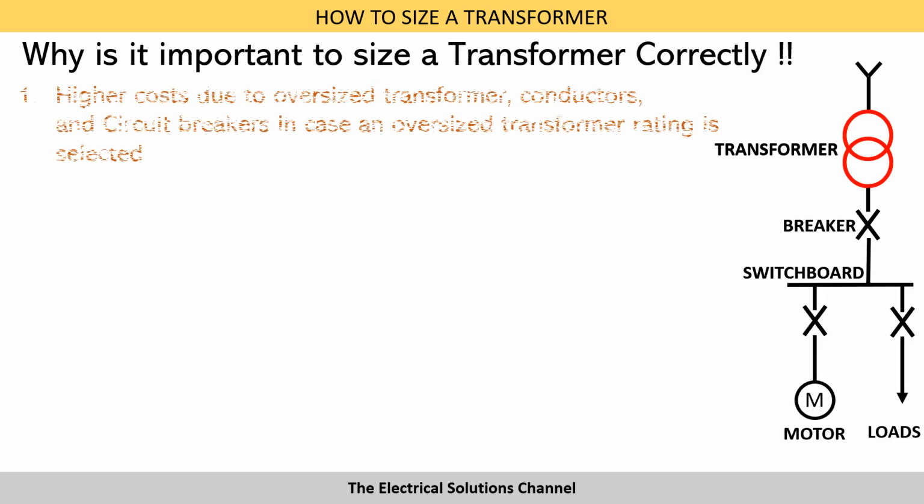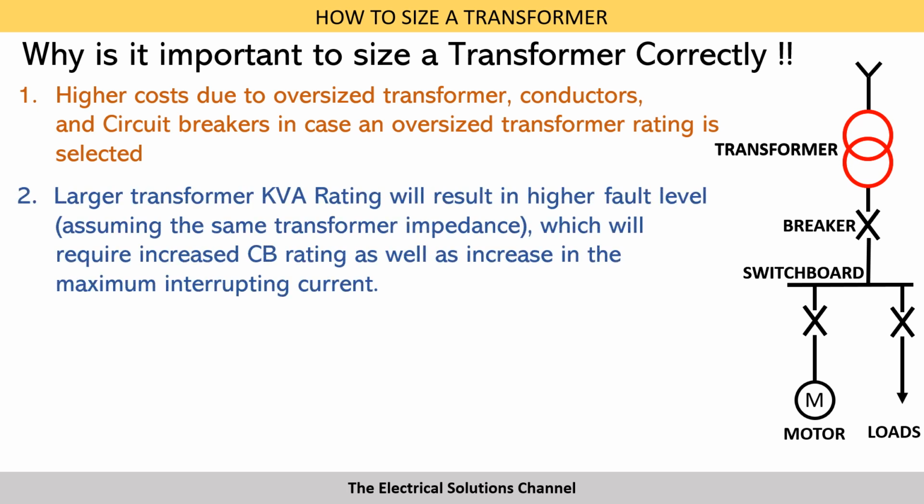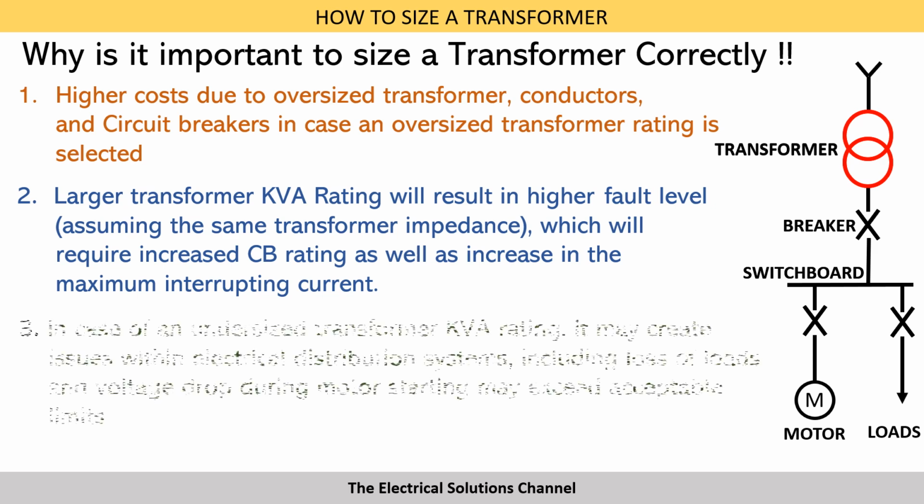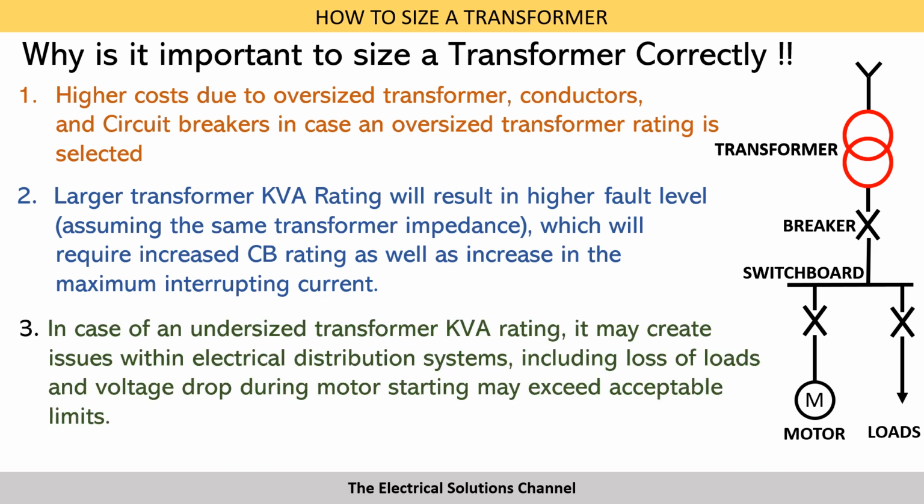Okay, so why is it important to size a transformer correctly? Well, it will lead to higher cost due to an oversized transformer, conductors and circuit breakers in case an oversized transformer rating is selected. Also, a large transformer rating will result in a higher fault level, assuming the same transformer impedance, which will require increased circuit breaker rating as well as an increase in the maximum interrupting current.